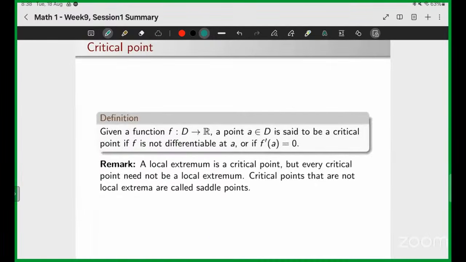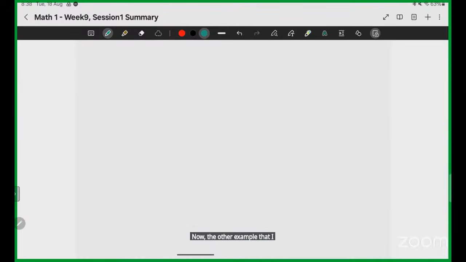Now, the other example that I want to discuss is f of x is equal to x cubed. So what is the derivative of this? 3x squared. And let's just take the entire real line as the domain.